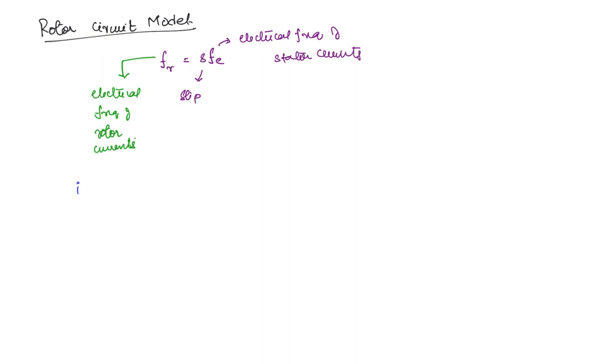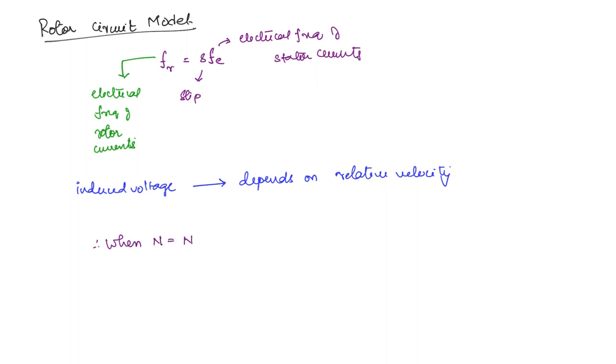Now we know that the induced voltage depends on relative velocity. So when the motor is running at synchronous speed, that is when n is equal to ns, then the induced voltage will be 0.